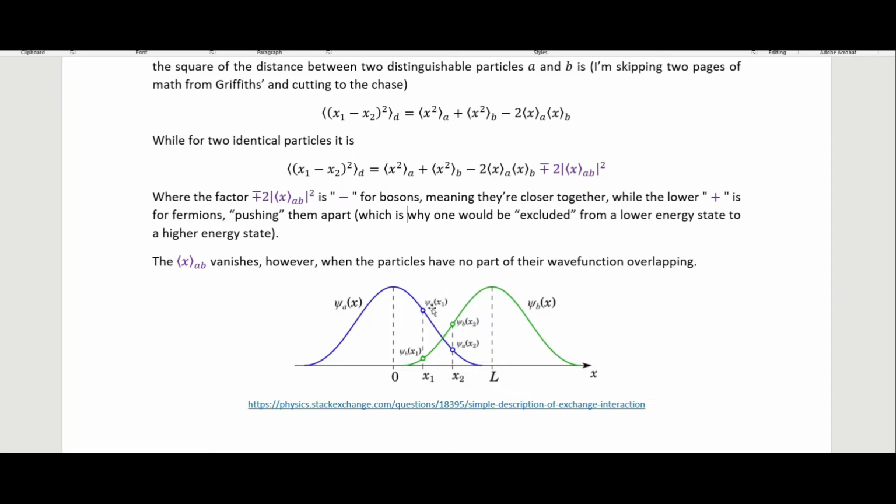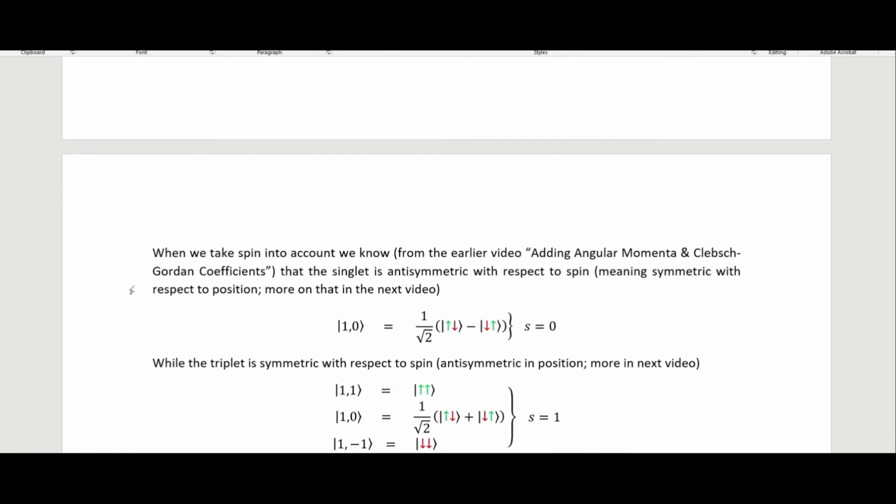So this is what I mean by the wave functions overlapping, where we have some overlapping here, and if they are fermions, then they are sort of being pushed together somewhat in space, if they have opposite spins.